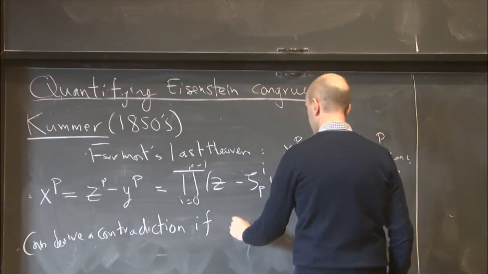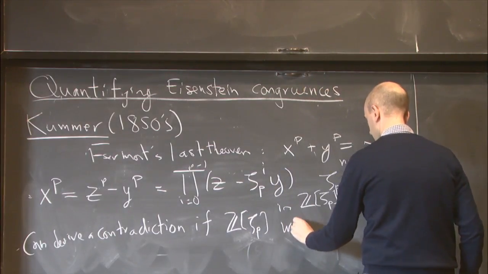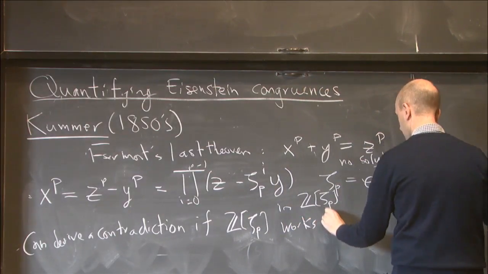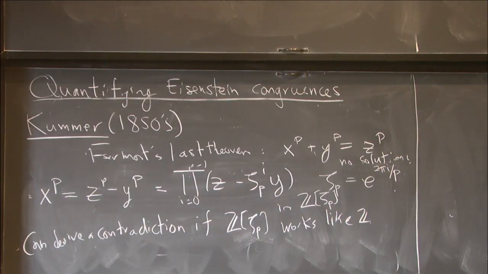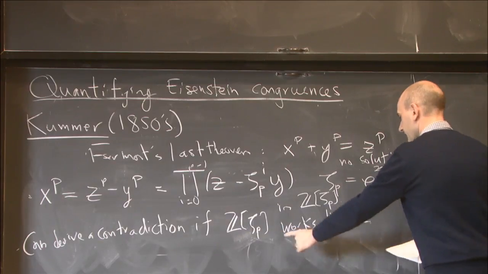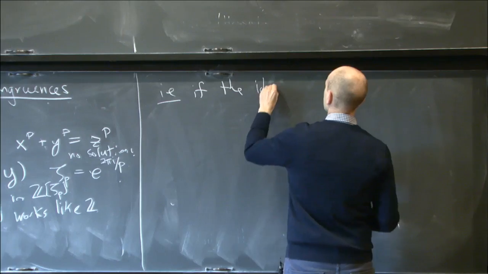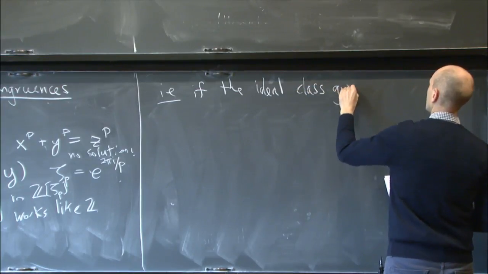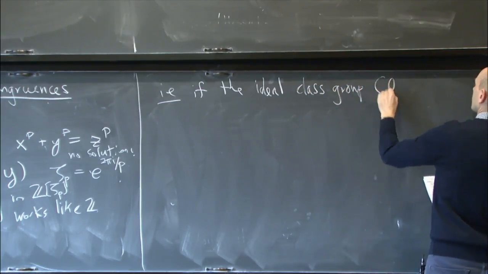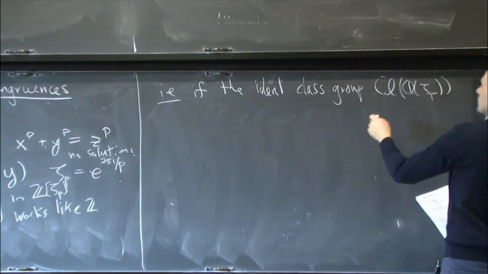But that only works if this ring Z[zeta_p] works like usual integers. And Kummer determined what exactly "works like" means. Specifically, if the ideal class group, which we denote by class group of Q(zeta_p), has no p torsion.